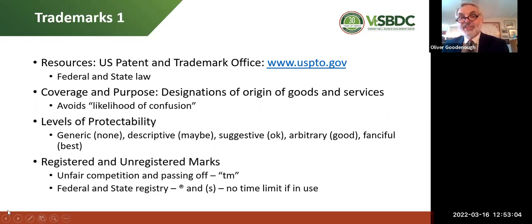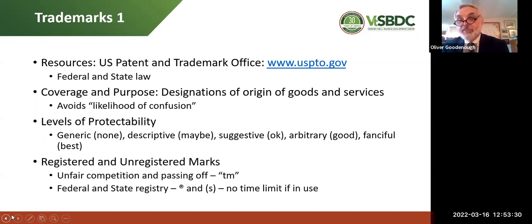And the best of all is things that are fanciful, and these are words that don't exist otherwise. One of the famous ones is the oil company Exxon, with two X's. Think about the trade names of most pharmaceuticals, Squirclax and Squigscux, things like that. High Scrabble-value letters often give you these kinds of fanciful names.